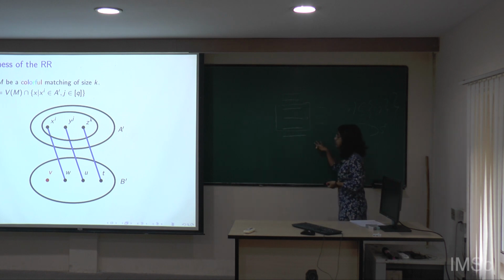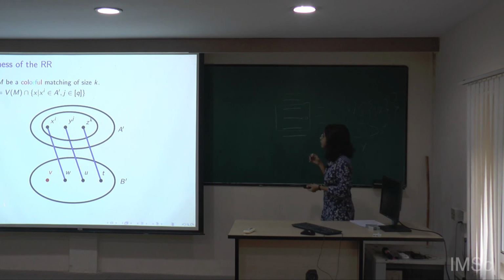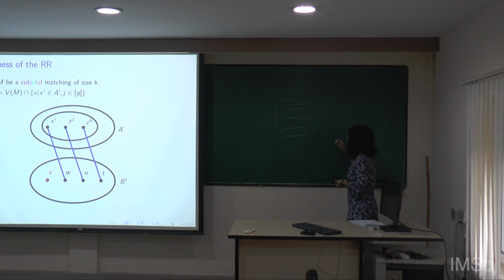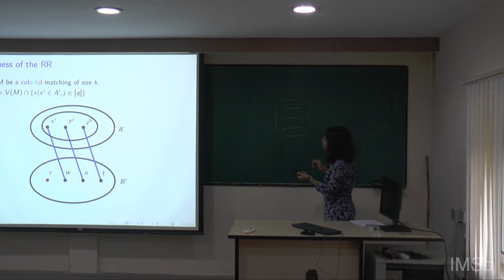Now I have to show that this new matching that I have created is, firstly, a matching, and secondly, colorful. To show that this is a matching, I have to show that these vertices are not present here. Since the neighborhood of B prime is contained inside A prime, which is the property of the expansion, and the edges of the vertices of A prime are all present here, no vertex of A prime is present outside.